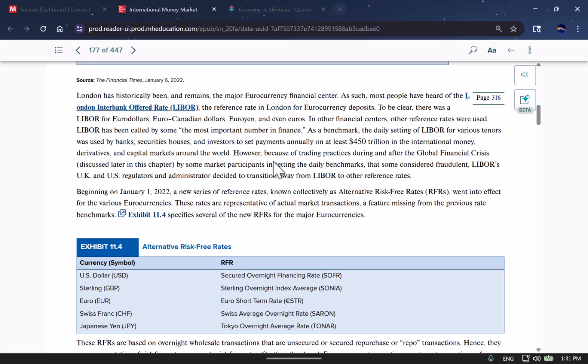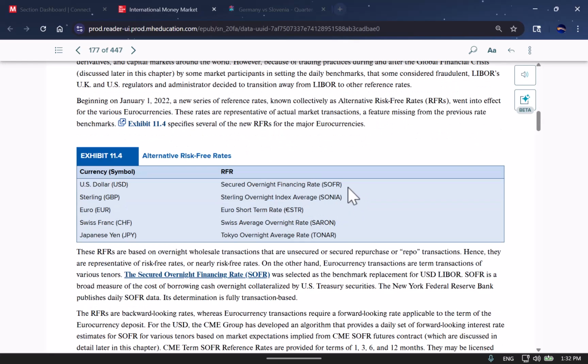You know, the nice thing about LIBOR was it was essentially a rate for short-term loans among banks that was unsecured. Now, for at least USD transactions, we have a reference rate called SOFR, which is short for Secured Overnight Financing Rate.